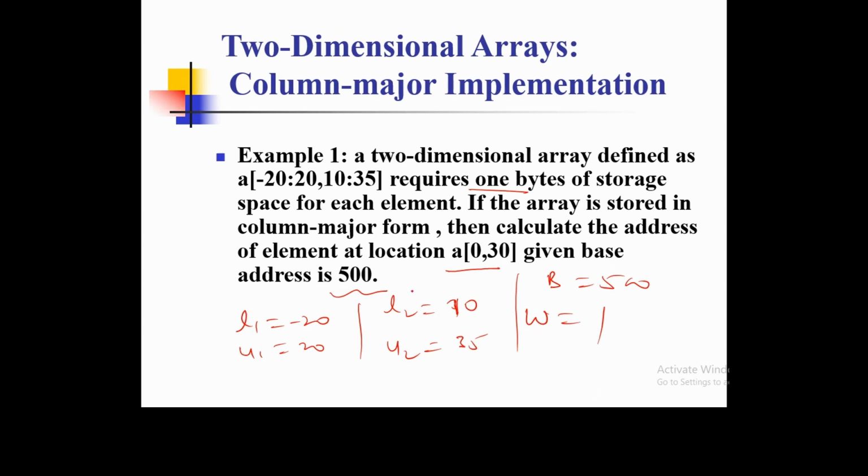So we can put these values here. We need to find out the number of rows. So number of rows will be U1 minus L1 plus 1, that is, sorry, not L1, U1 minus L1 plus 1, meaning upper bound minus lower bound plus 1. So basically start कहाँ से हो रहा है?